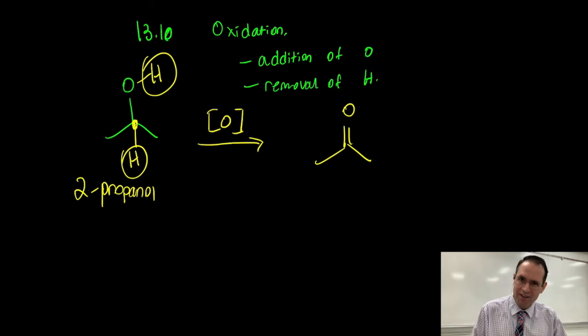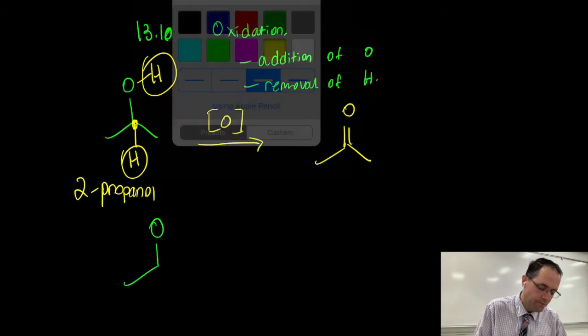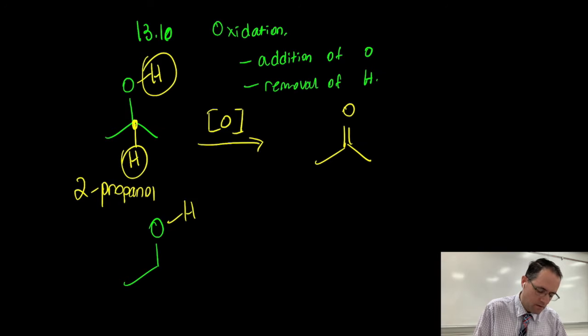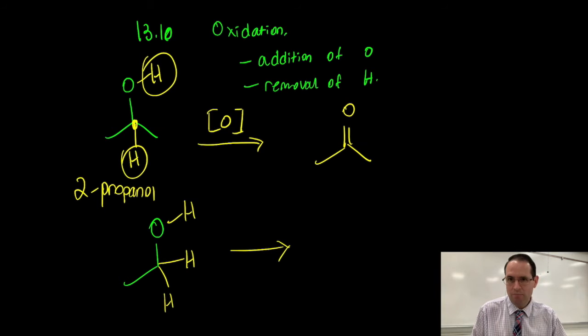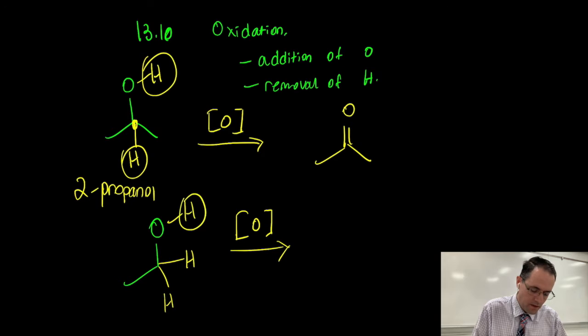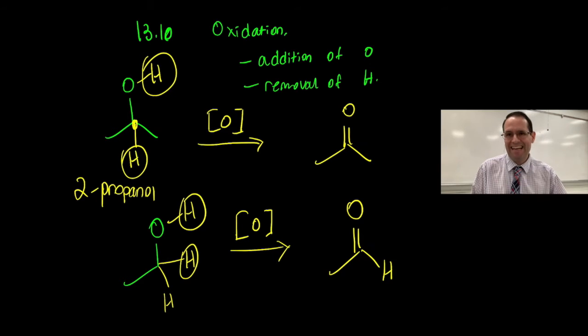Now, a primary alcohol can be oxidized. Again, we'll remove two of these hydrogens, and that will make an aldehyde.